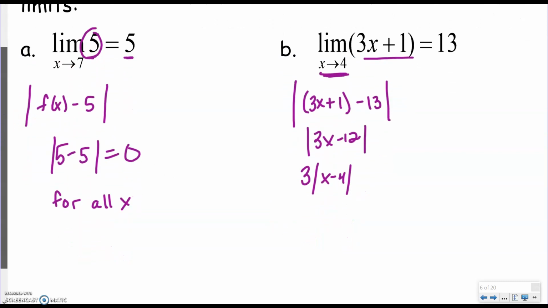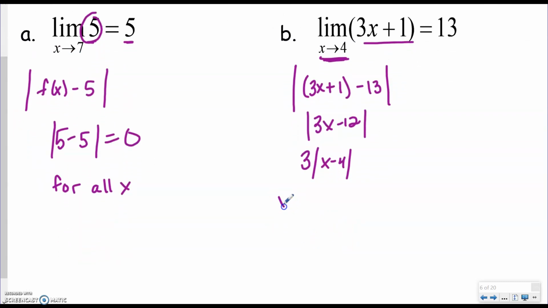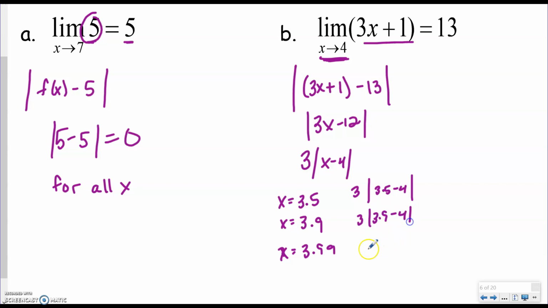If I plug values in that are getting closer and closer to 4, for example, 3.5, 3.9, and 3.99, and figure out those values, they should be getting closer and closer to 0.